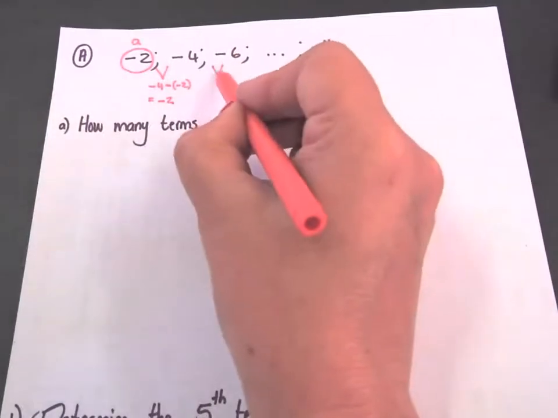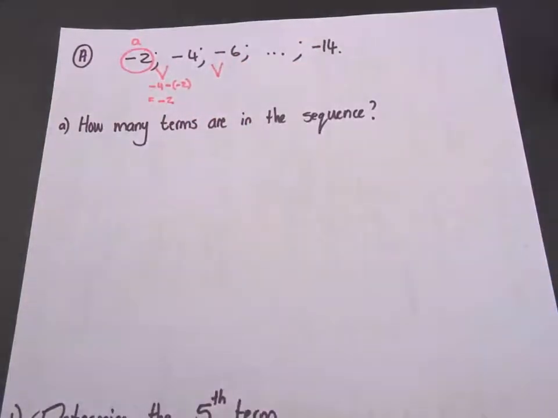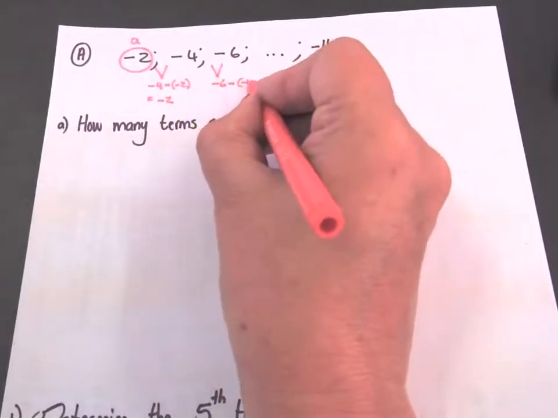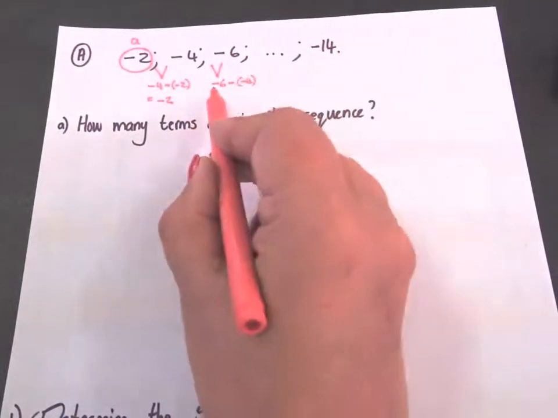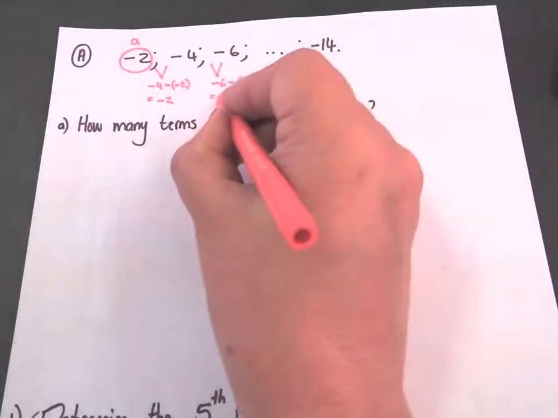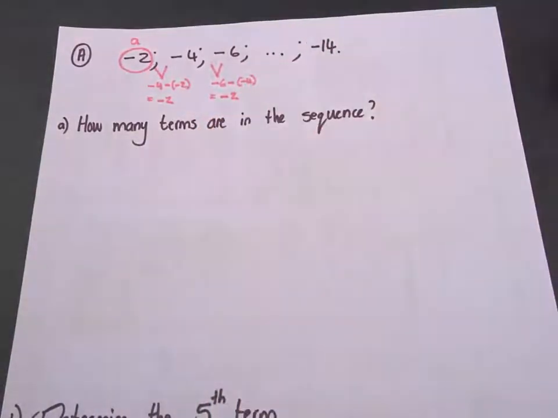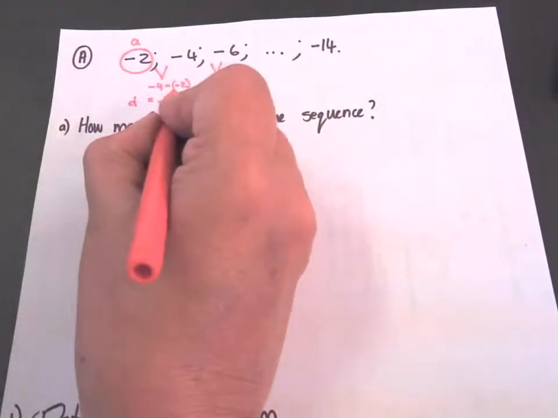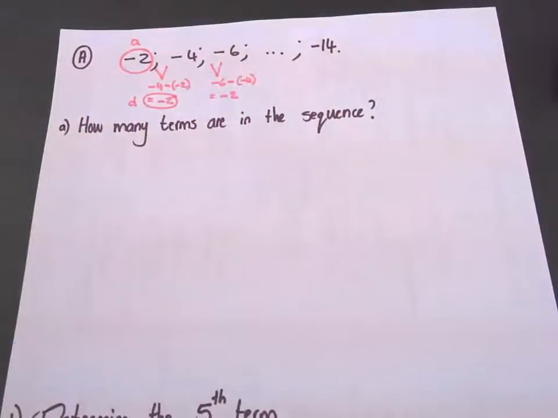You always double check on the second difference as well. Minus 6 minus minus 4 gives you minus 6 plus 4, and that is also negative 2. So we know that D will definitely be negative 2.